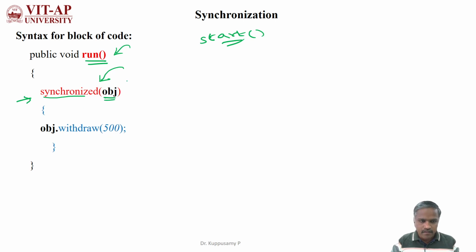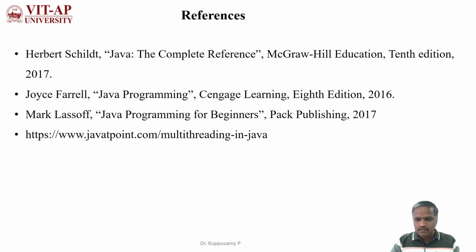Here we take the object over the synchronized method, then that object calls the method named withdraw, which receives the amount 500, an integer or string, whatever the user requires, passed as an argument value in the method. That method is inside the synchronized block, so that synchronized object receives the value from that particular method. Thanks for watching.